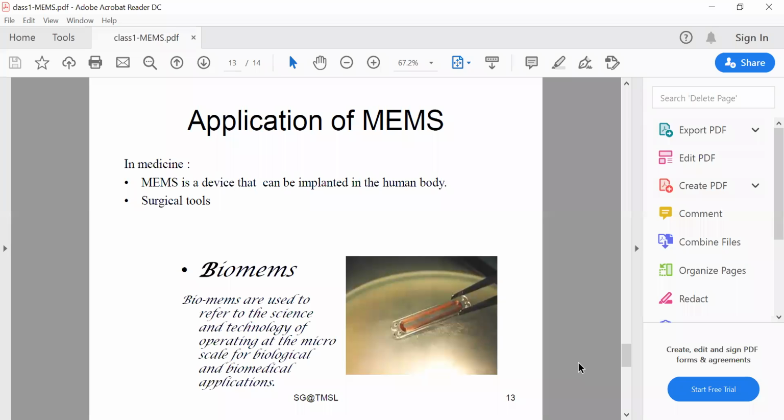In the healthcare industry, examples include a disposable blood pressure transducer, or an angioplasty pressure sensor, which can be made using MEMS structures.